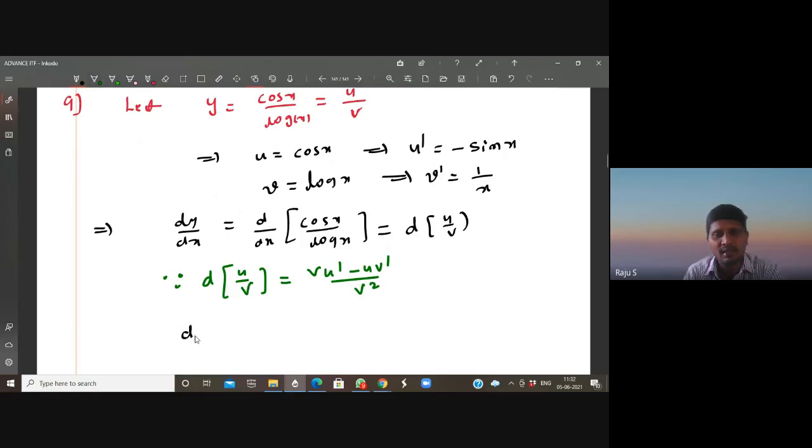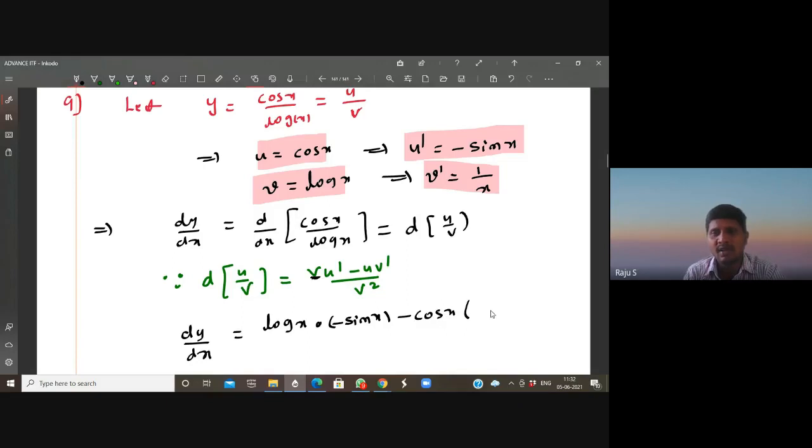So left side is clearly dy by dx, right side is, first v, what is v? Log x. Then u dash, which is minus sin x, minus u, nothing but cos x, into v dash, that is 1 by x, whole divided by v square.